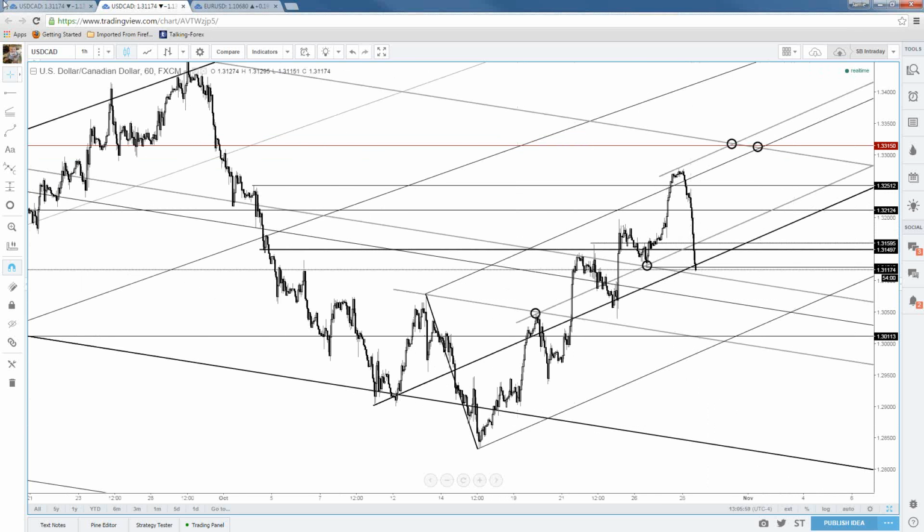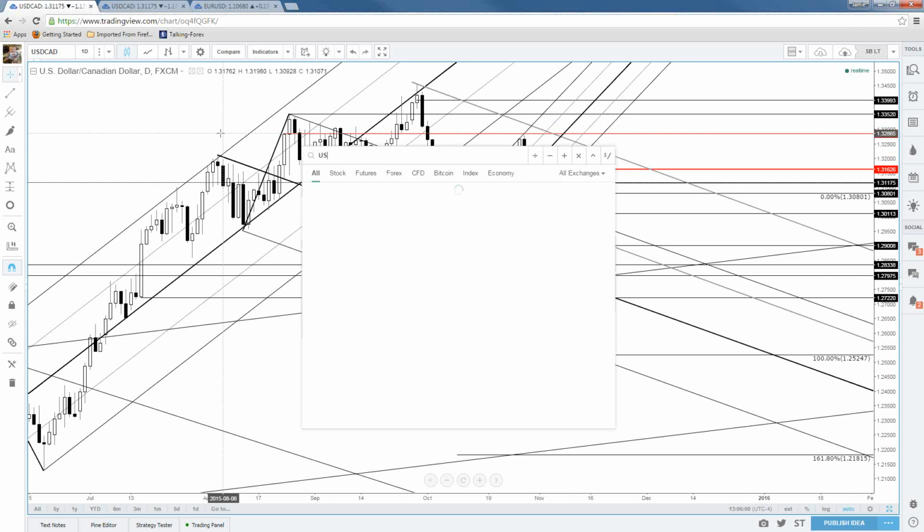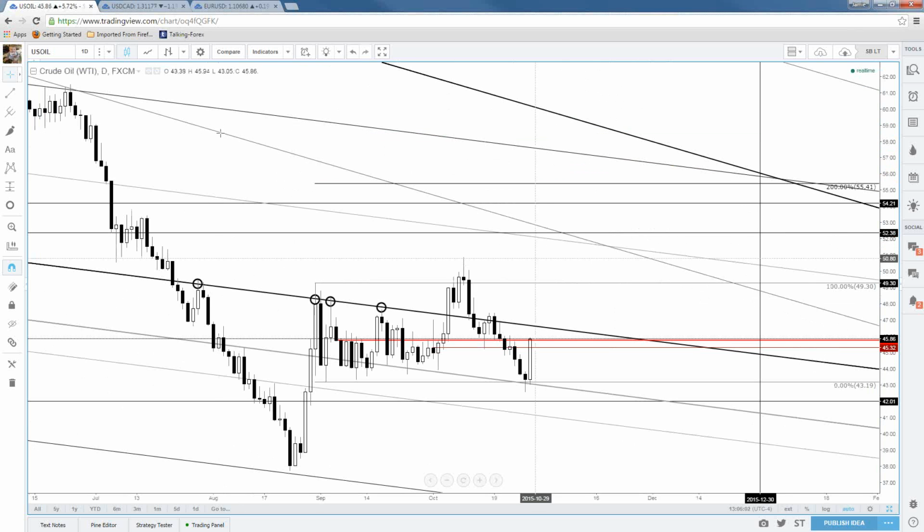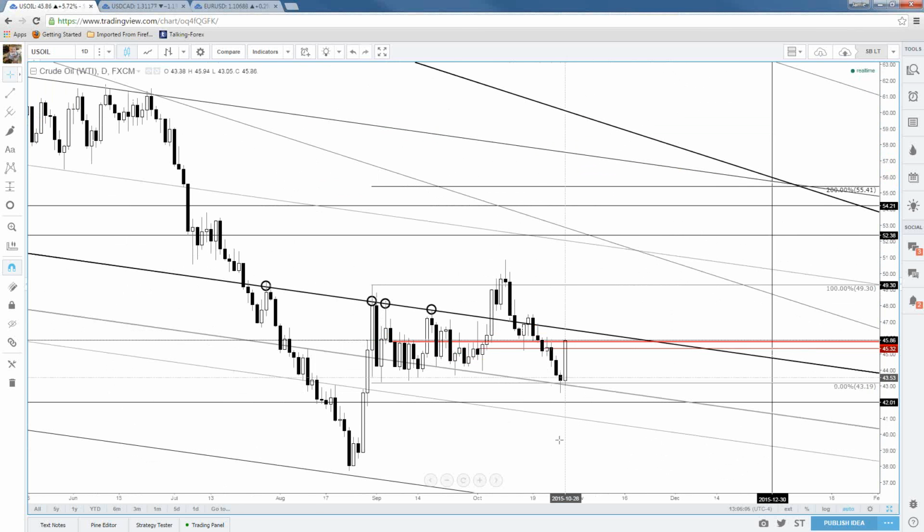It's up huge today. Here's crude. Crude is up right now on the day 6.2%. That just doesn't happen. Okay, so with crude, we also came into our own interesting price level here.